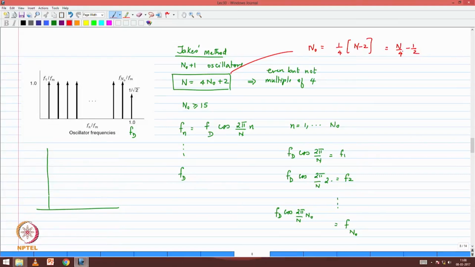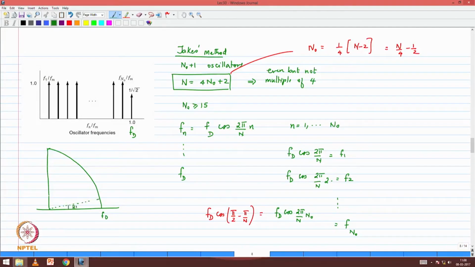So if I write it in this form, I can show that this last oscillator is actually equal to fd cosine of pi by 2 minus pi over N. The mathematical expressions can be nicely understood if you visualize it as one quadrant of a circle. This corresponds to Doppler fd, the full length, the radius. Then you take different angles.